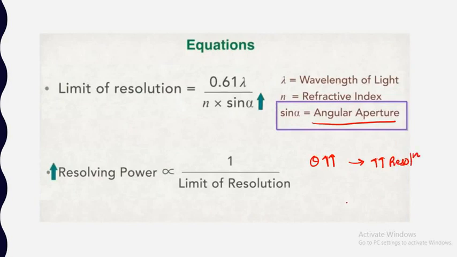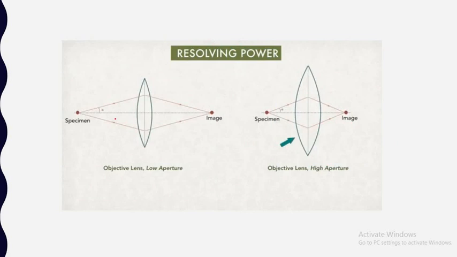So how can you increase the value of this angular aperture? There are two ways to increase the value of angular aperture, that is, the angle between the specimen and the objective lens. The first one is to decrease the distance between the specimen and the objective lens. When you decrease the distance, your angle becomes higher. The second one is you can use a thick convex lens.